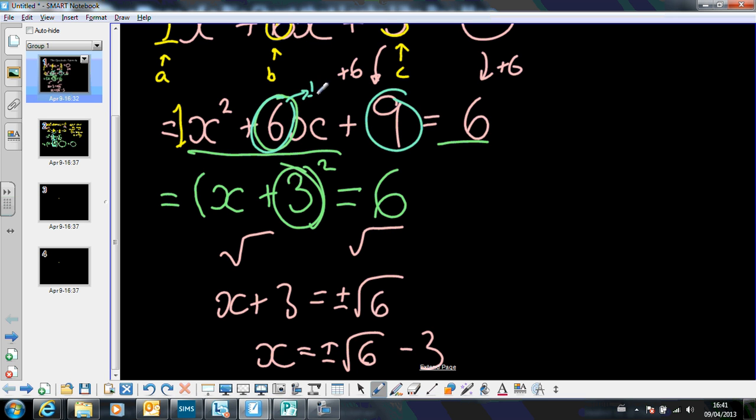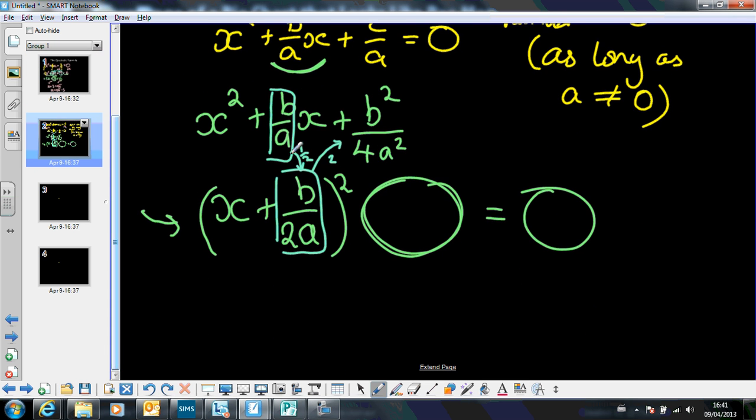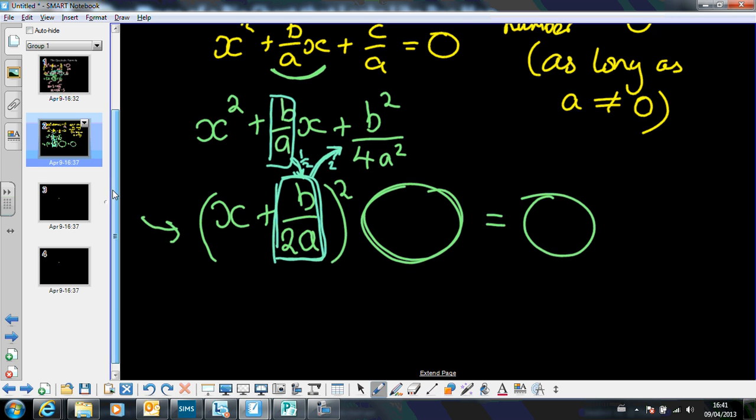You half it and then square it. It's exactly the same in the algebraic case. Halving it to get the thing that goes inside the brackets, b over 2a, and squaring it to find this extra term that goes on the end.